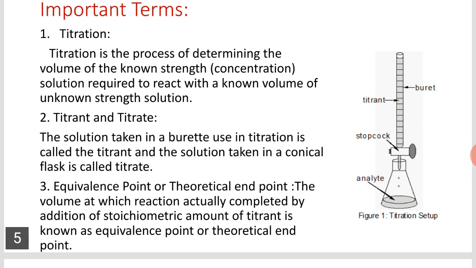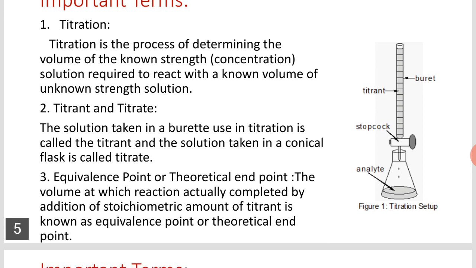Normality stands for the concentration of the solution. From the burette, we add the solution to the conical flask. The reaction between the two takes place, and we get the concentration of the solution present in the conical flask.